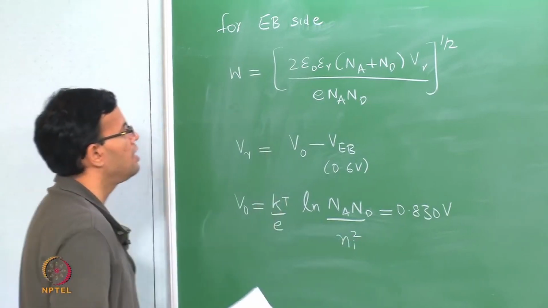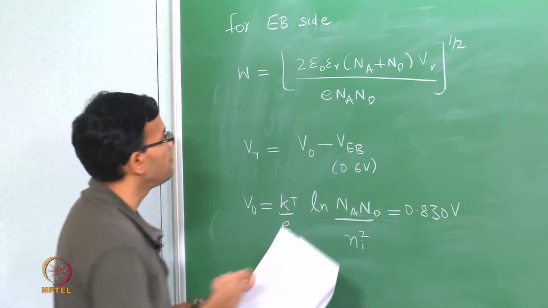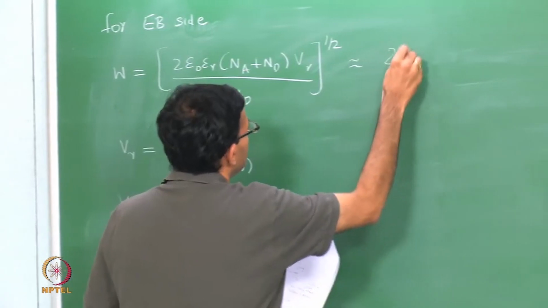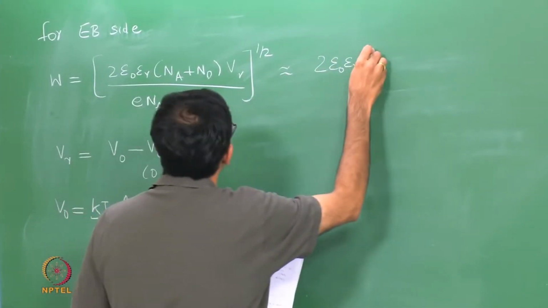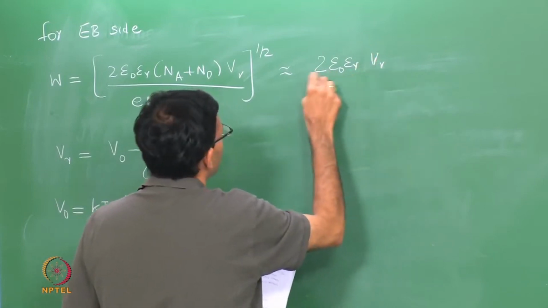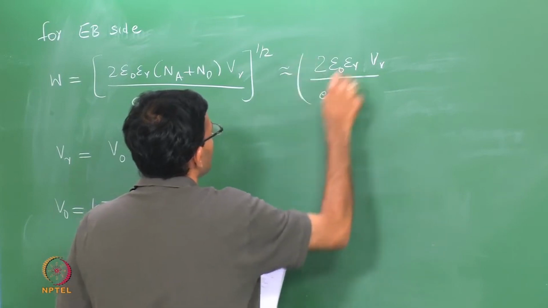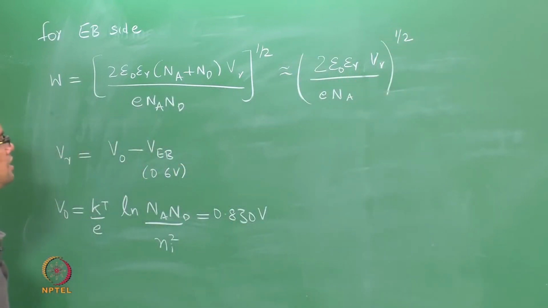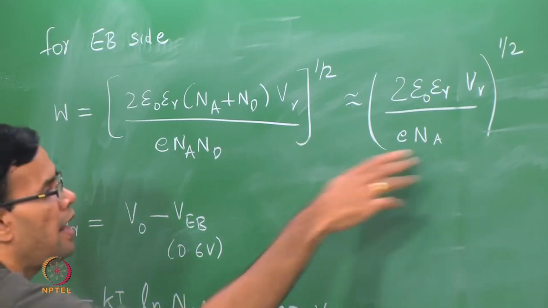So, in this particular case ND is much greater than Na. So, that W can be approximated as 2 epsilon naught epsilon r Vr divided by Na E, whole to the half. Everything else we know, Vr is V naught minus VBE, Na is known.